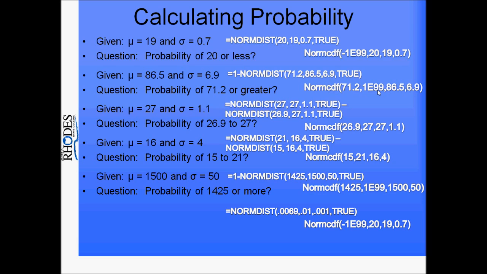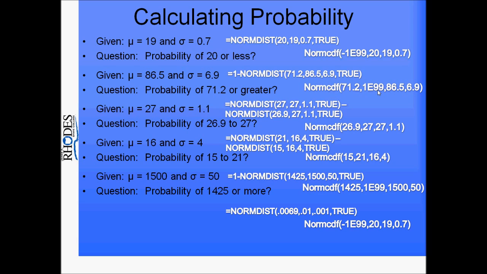In this case, it's 1425 because it says 1425 or more. So it means we're bigger. So my left bound's 1425. My right bound is what? Because we're talking about or more, that means it goes on forever. So it's a positive infinity, or 1E99.